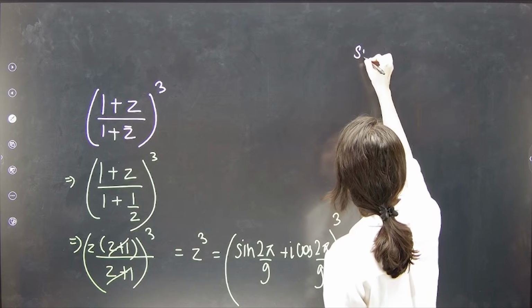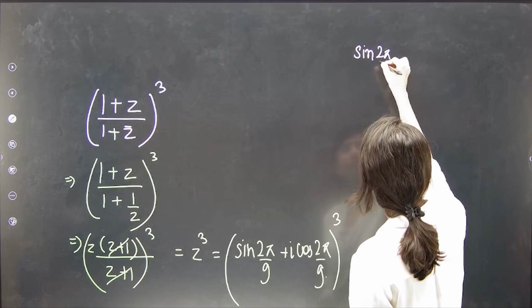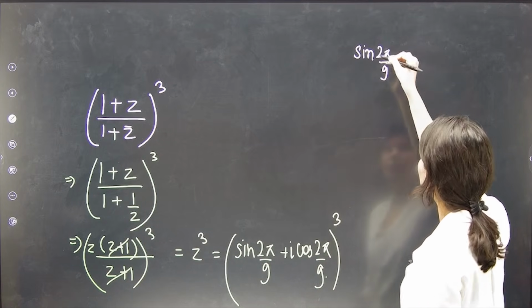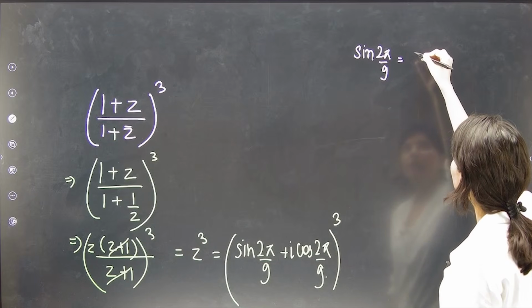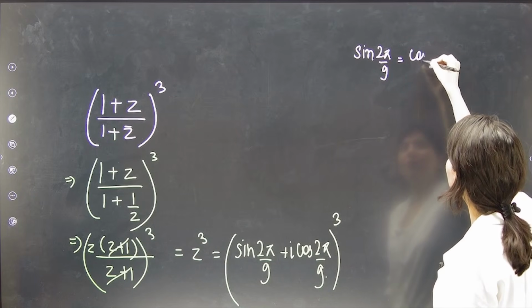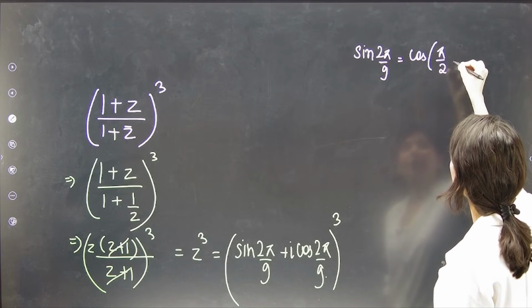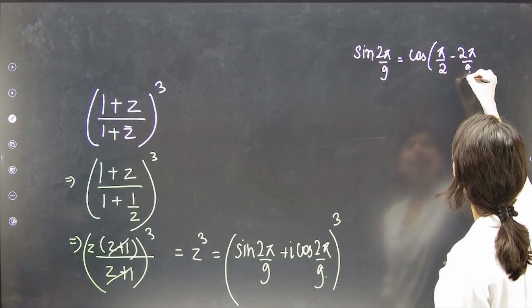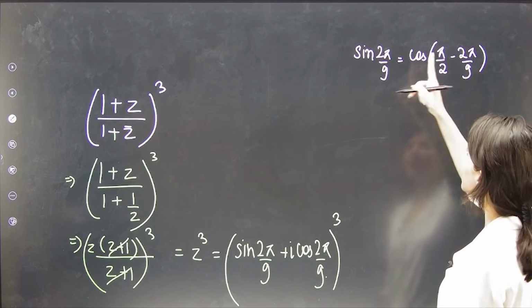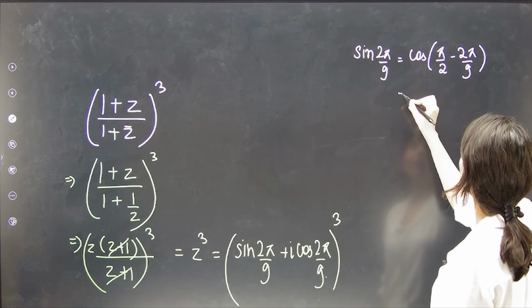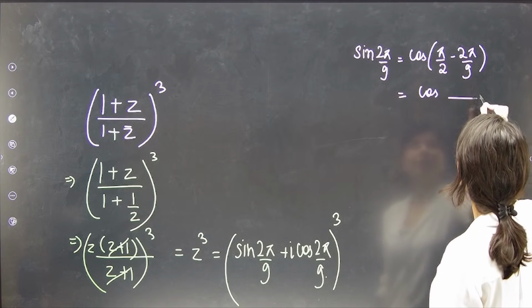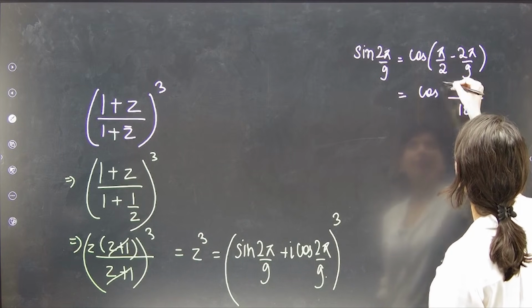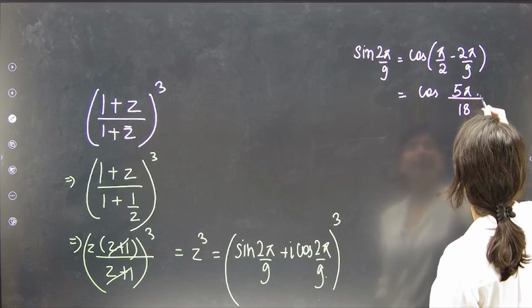For that, I need to convert this into cos and this into sine. Let's do that. Sine 2 pi by 9 is equal to what? Cos of pi by 2 minus 2 pi by 9. Can I write it this way? Cos of 90 minus theta is sine theta. So 9 twos are 18, 9 minus 4 is 5, so 5 pi by 18.